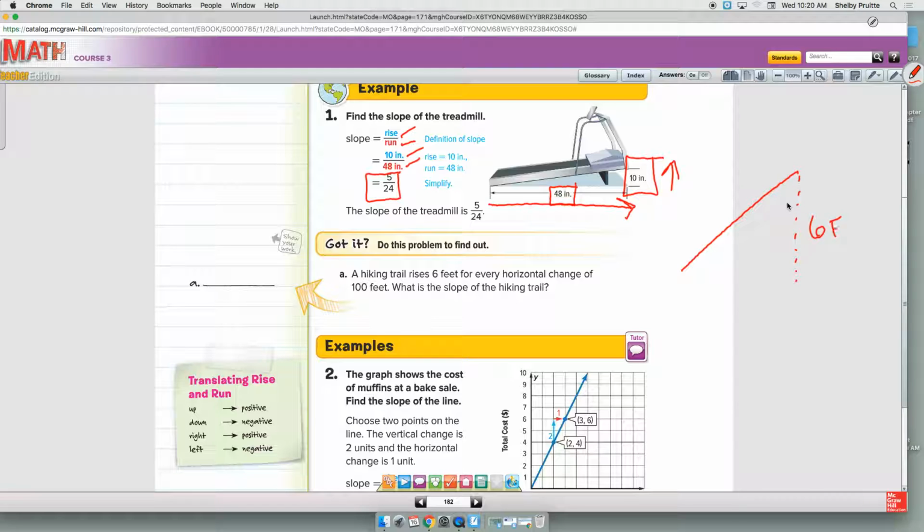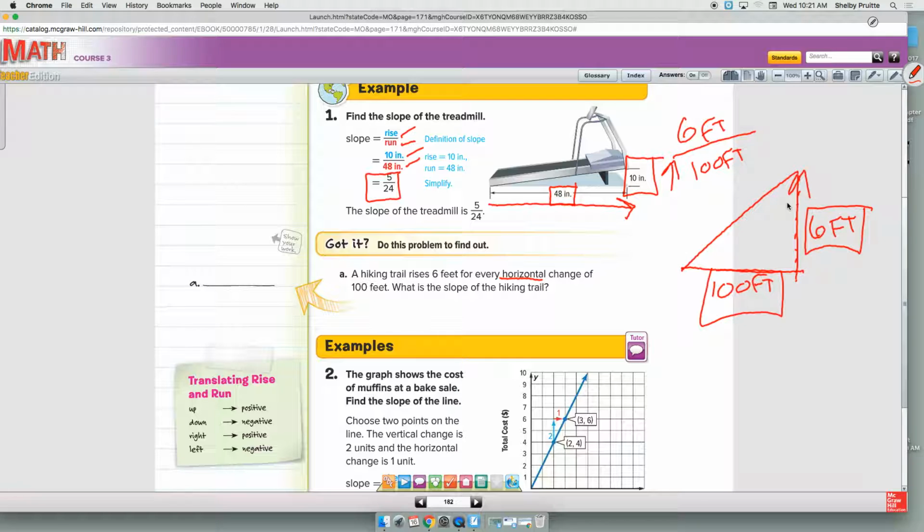This is my rise, because it's going up 6 feet. And the horizontal change, which horizontal means side to side, my picture is not drawn to scale, but we know that this is 100 feet. So I have my rise, which is 6 feet, over my run, which is 100 feet.